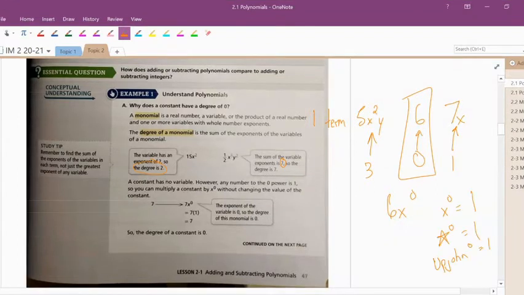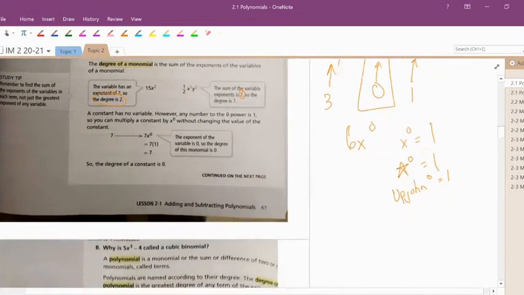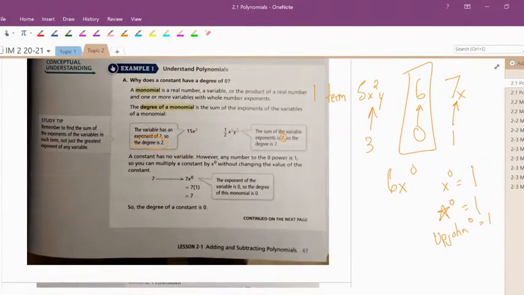So they kind of take you through and see why it is what it is. So 7 times x to the 0 is the same thing as 7. x to the 0 is 1, and 1 times 7 is 7. So we started with 7, we ended with 7, so x to the 0 really doesn't do anything. But that's why the degree of a constant is 0 all the time. So just a regular number with no variables on it, the degree is 0.